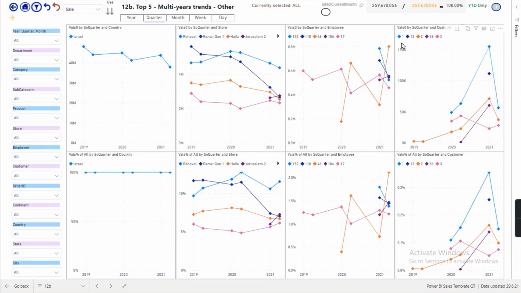So the customers, some customers are loyal, but most of them don't last more than 1 year. This one, we are looking at quarters, so it bought only in this quarter, first quarter of 21.